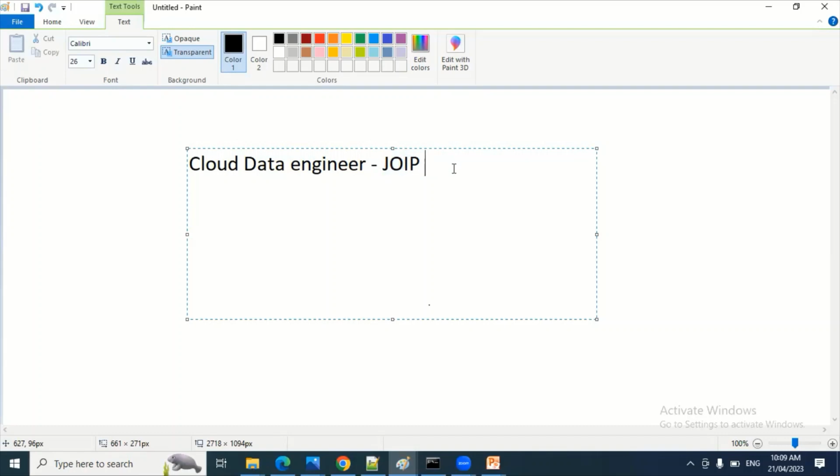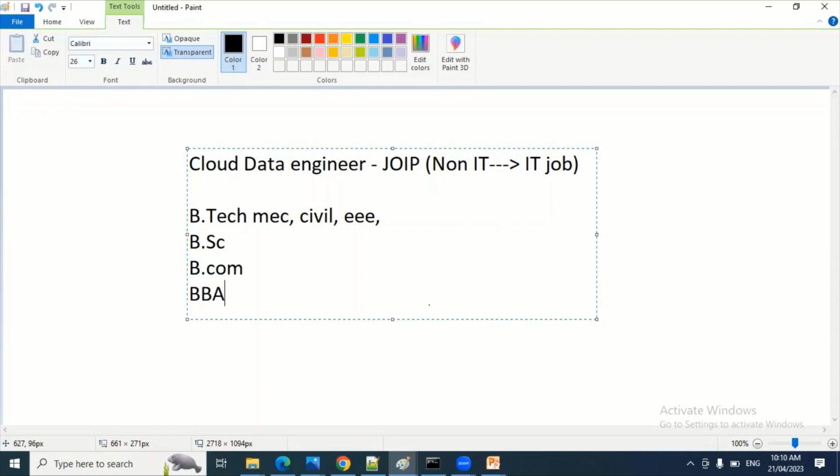Because we are considering non-IT persons switching to IT jobs. This is my main motto, my intention. A person who passed out BTech, mechanical, civil, or EEE, or maybe BSc, BCom, or BBA, joined with me.